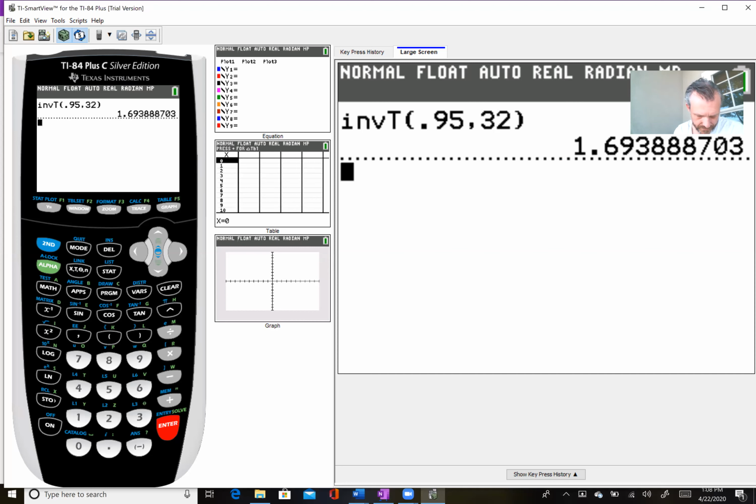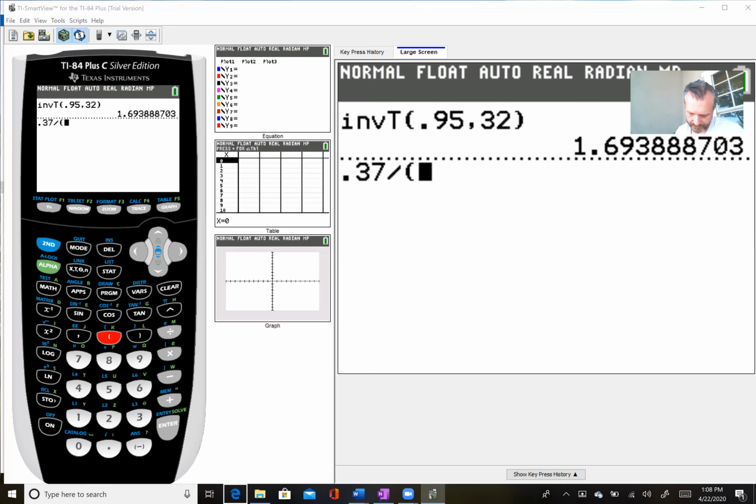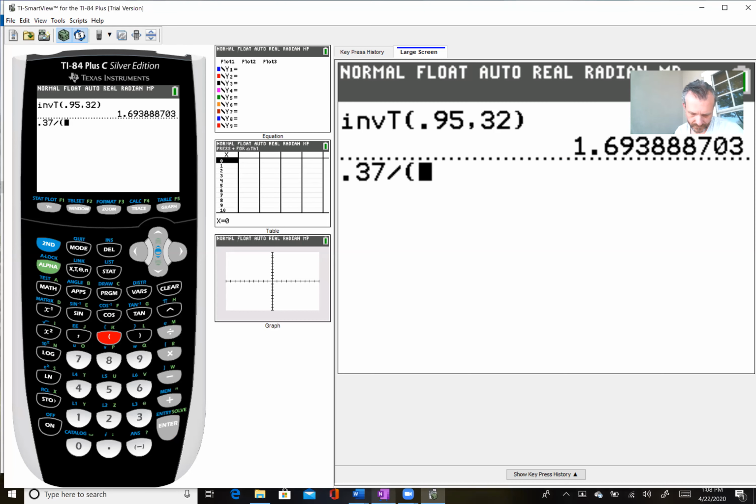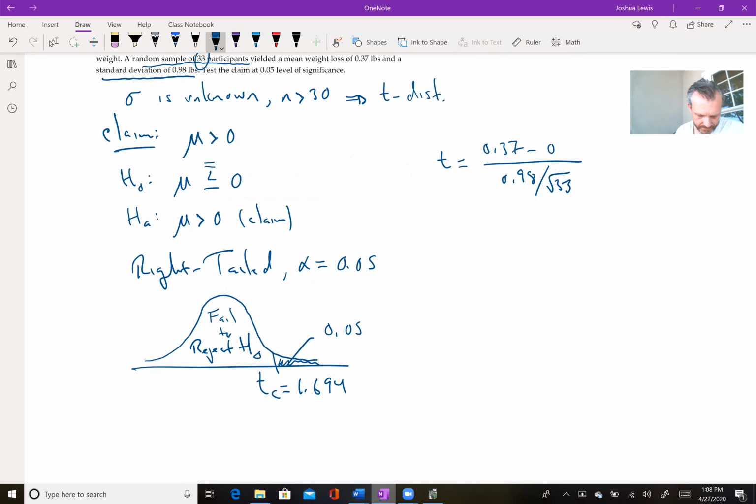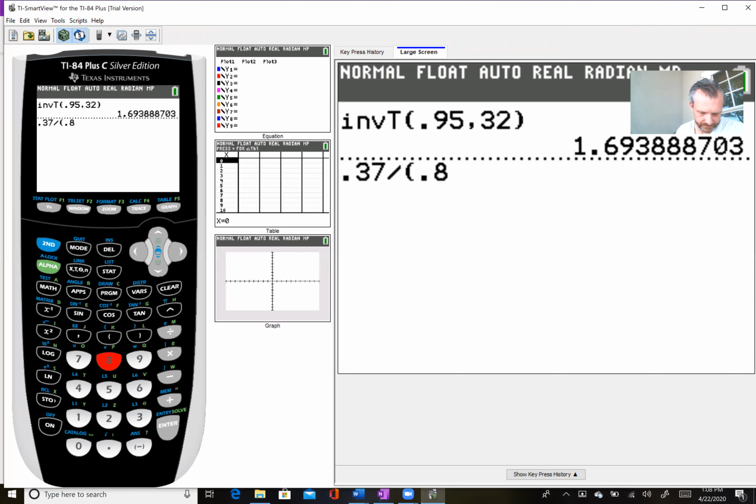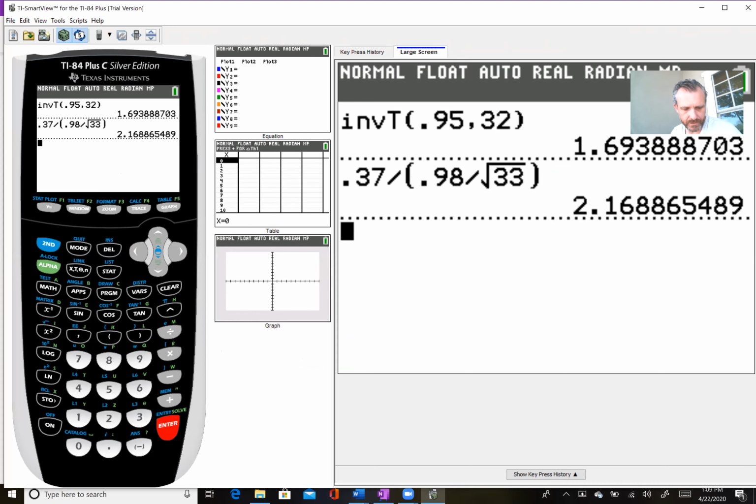So 0.37 divided by 0.98 over the square root of 33. 2.169 if I'm rounding.